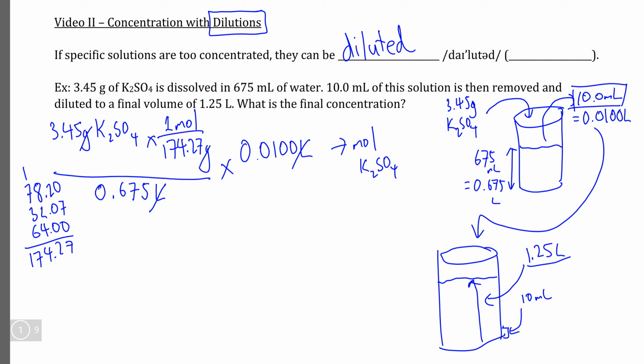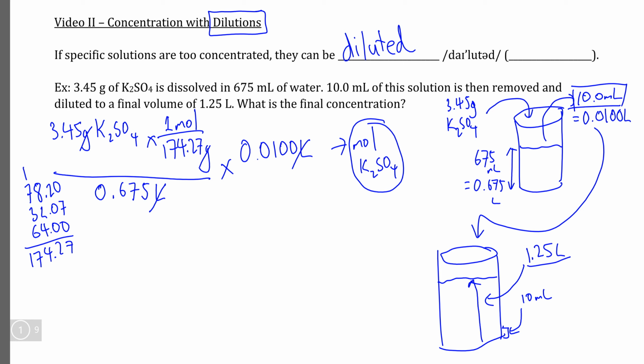Now, if you were paying attention, we've already done this. We've already found the number of moles of K2SO4 that we removed from this original solution simply by taking the concentration of our starting solution and multiplying by this volume here to find the number of moles of K2SO4 we removed.